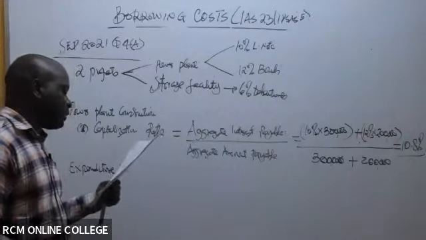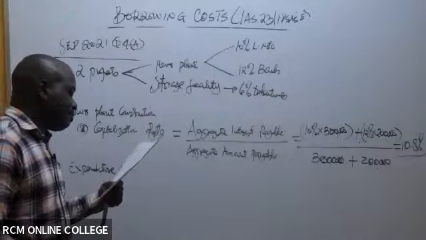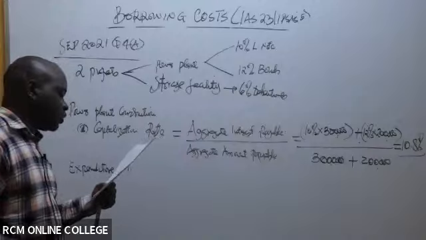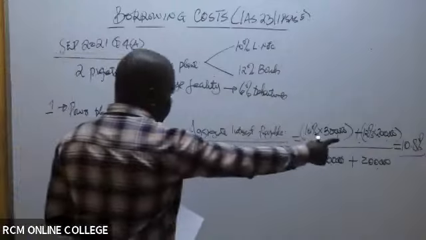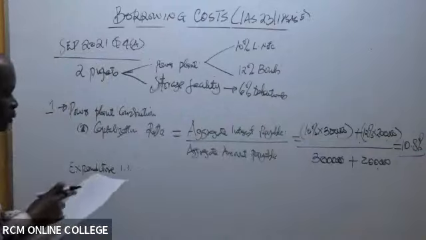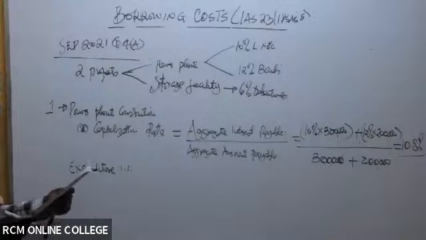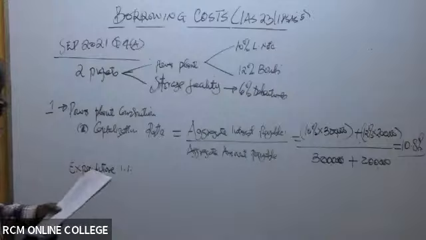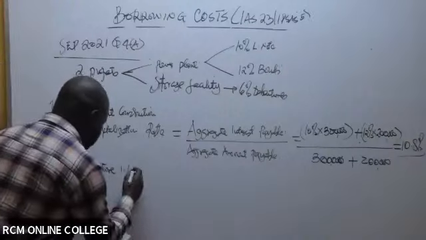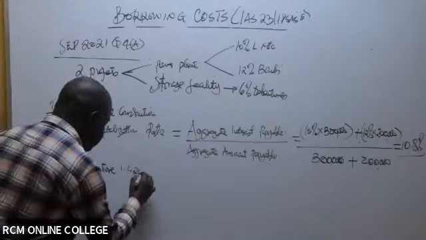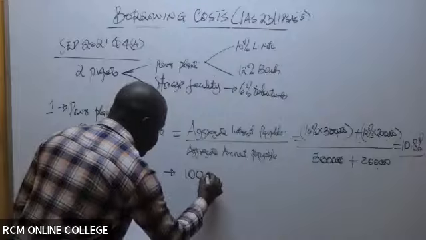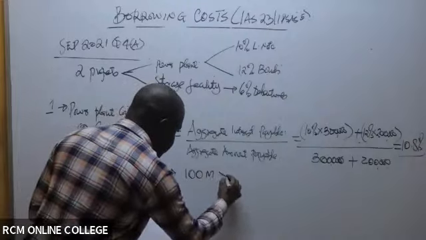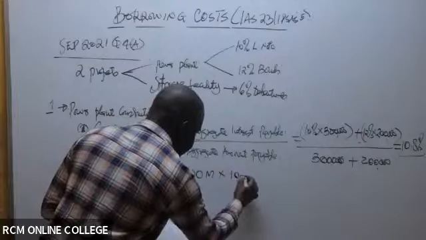Because you are told that the loan note was to finance the construction of a power plant which commenced on 1st of January 2020. So we will take that 10.8%, which is the capitalization rate, to compute interest on these amounts that were actually borrowed. On 1st of January 2020, they borrowed 100 million, at an interest rate of 10.8%.